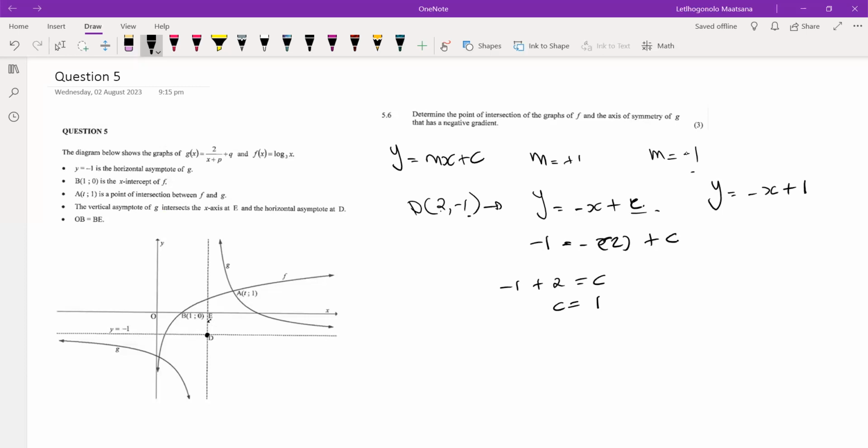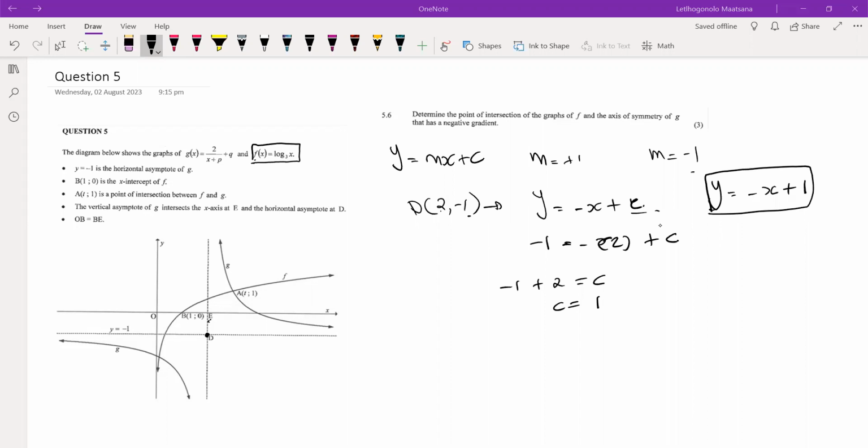Now we are looking for a point where this graph is equal to our log base graph. This is not a point where we can equate, because equating will take time from us.